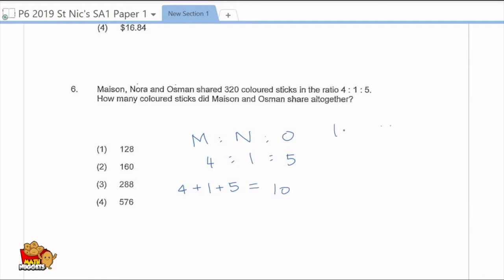So this tells us that 10 units is 320. So 1 unit will be 320 divided by 10, which is 32. And we want to find M and O, which is 4 units plus 5 units, 9 units.